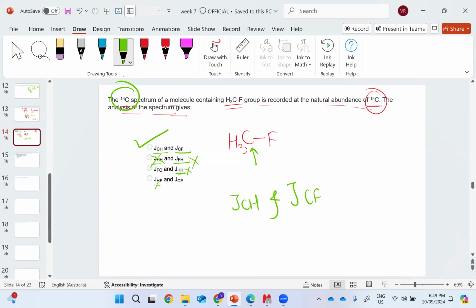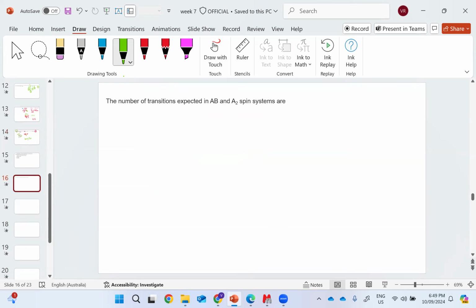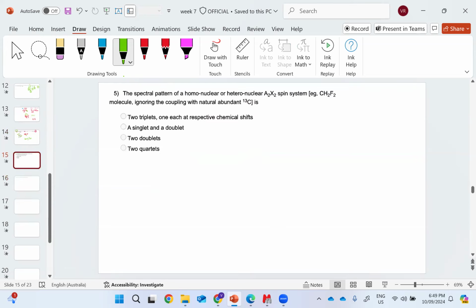And we'll take one more last question. So here the question is given: the spectral pattern of a homonuclear or heteronuclear A2X2 spin system. Let's take the example of this A2X2 spin system, ignoring the coupling due to the naturally abundant 13C.